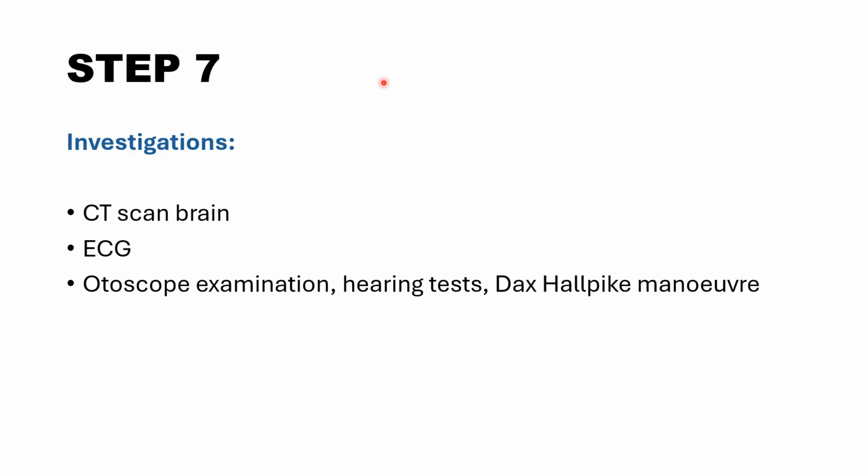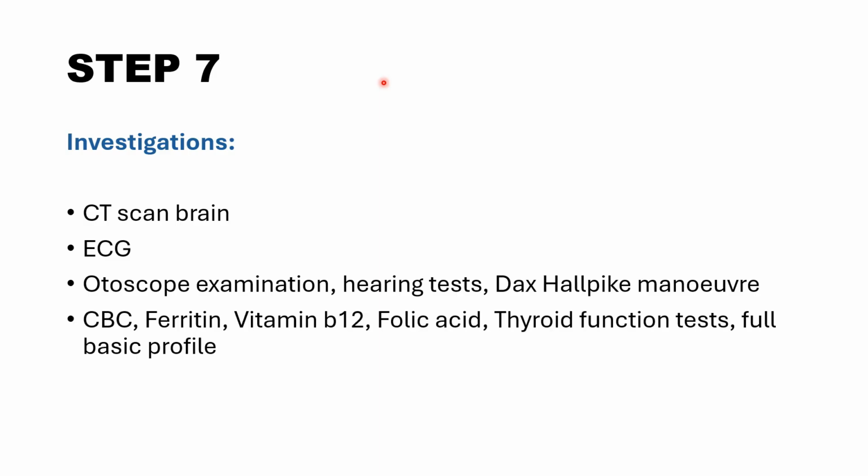If you're thinking that it is benign positional vertigo, then you have to do the Dix-Hallpike maneuver. And if you think it is anemia or a thyroid disorder, then you have to go for CBC, ferritin, vitamin B12 levels, folic acid, thyroid function tests, and a full basic profile in some cases where symptoms are vague and you're unable to reach a diagnosis.